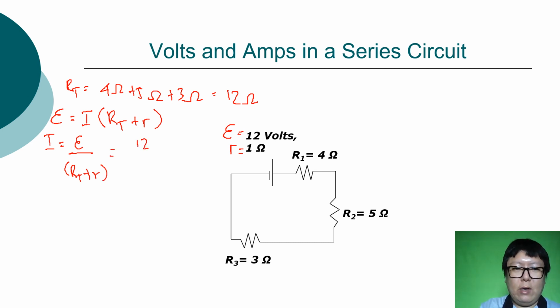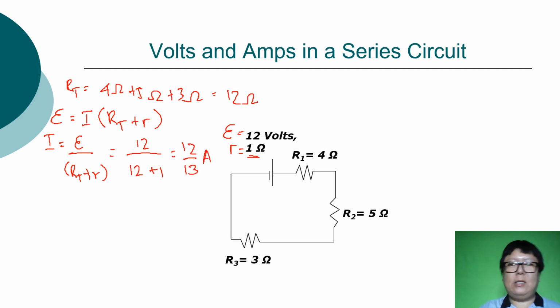So 12 divided by the R total, which is 12, plus the internal resistance 1. Then we get 12 per 13 ampere. Okay, this is the current that flows in this circuit.